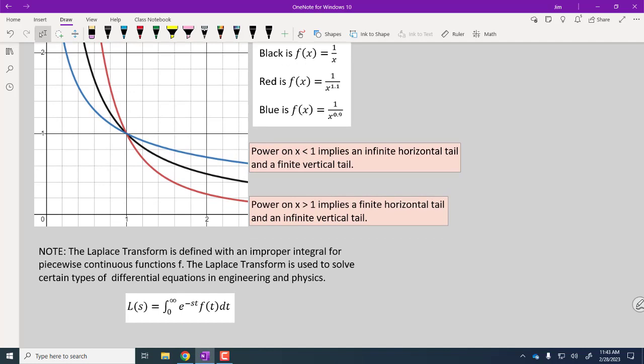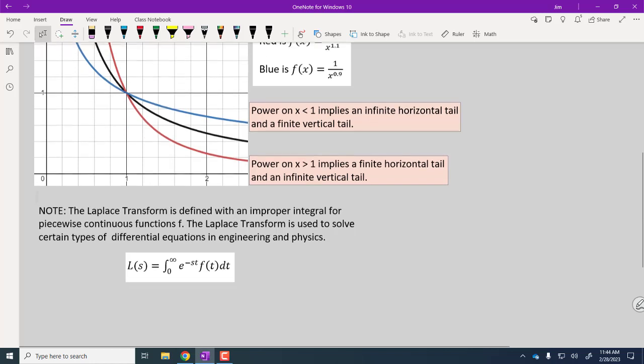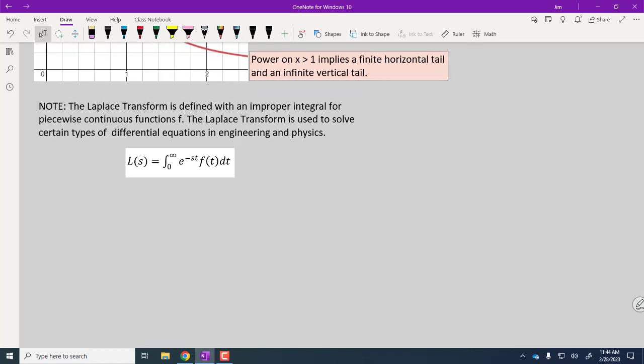And yes, you will see the improper integral lots of times in the future. The coolest is when you get to something called a Laplace transform. That is what a Laplace transform looks like. If you're going into engineering, you will see lots of Laplace transforms.